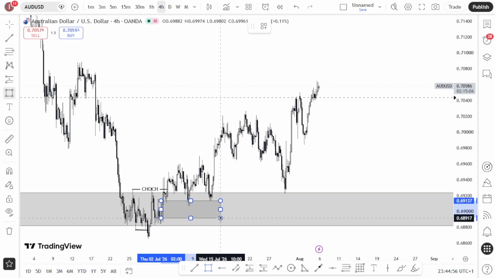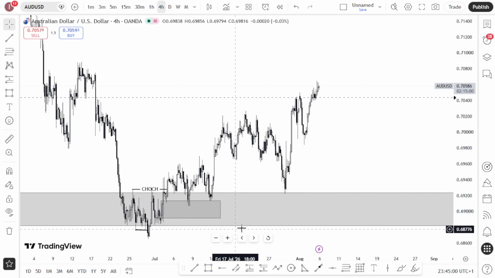You can see, all of this is happening inside the support level, the breakout retest level that we identified on the daily time frame.